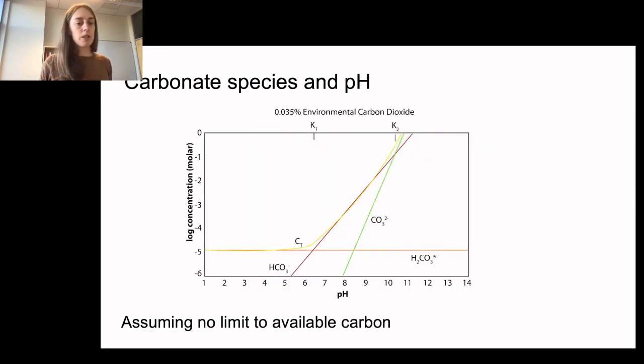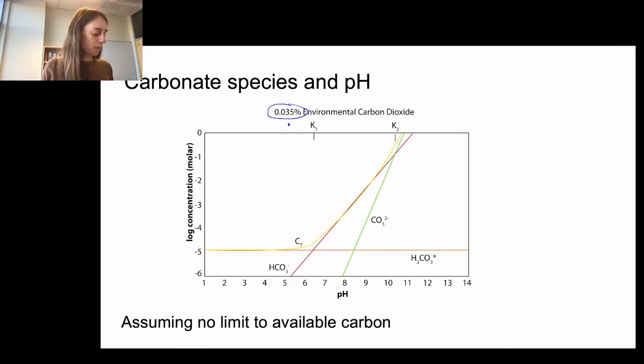And so this is if we have no limit to our available carbon, which basically means we can always pull more CO2 out of the atmosphere and dissolve it into our liquid. Let me back up for a second. We are, say, for this figure, working at 0.035%, which is also 350 ppm of carbon dioxide, which now we are well above 400 ppm in our world today, but you'll see a lot of these figures back when we had a lower amount of CO2 in our atmosphere.